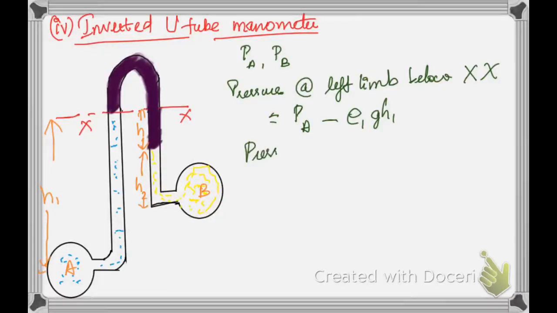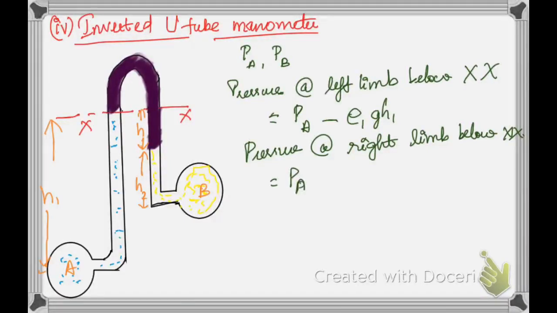Similarly, pressure at right limb below XX will be equal to pressure at B minus rho 2 G H2 minus rho G GH. Now I can equate both the pressures.